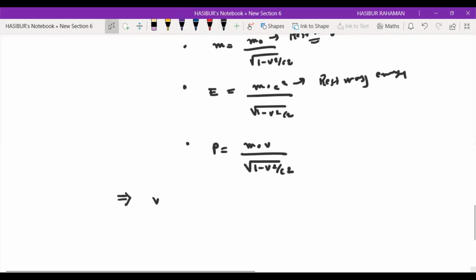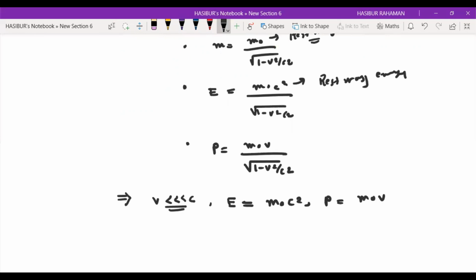Now when v is very small compared to the speed of light, we can treat it with normal classical mechanics, and according to that, the above formulas for energy and p turn out as E equal to m naught c square and p equal to m naught v.